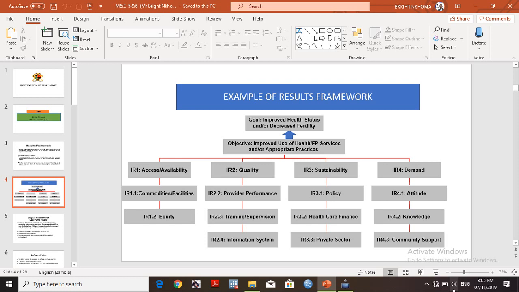Also, there's this expectation of you getting your immediate results moving, and finally you are going to achieve your goal. Without you specifying this in your grant, it will be very difficult for you to win a grant from PEPFAR. So this is how the result framework is built.